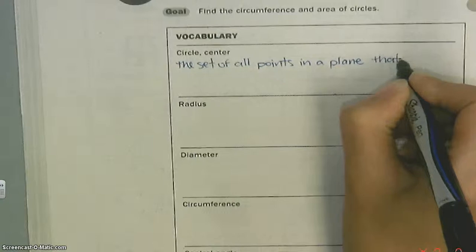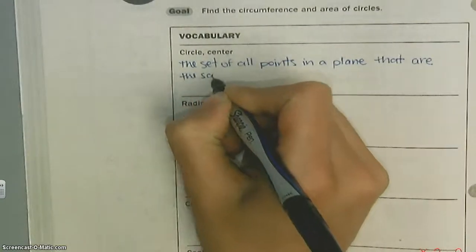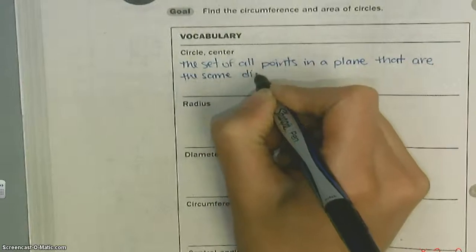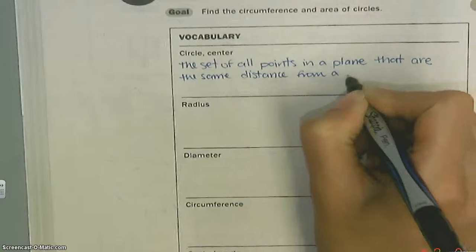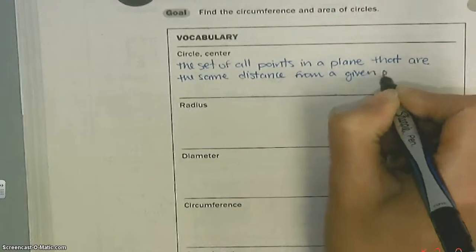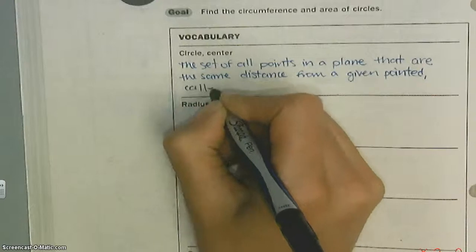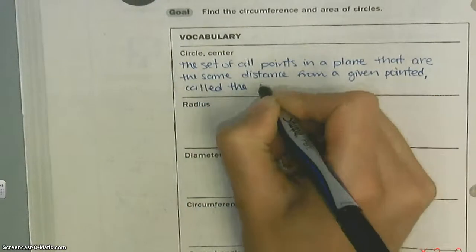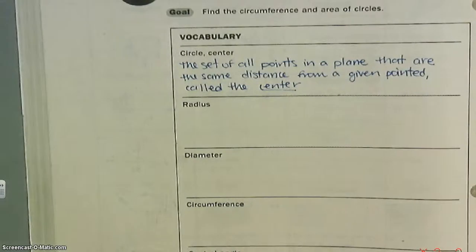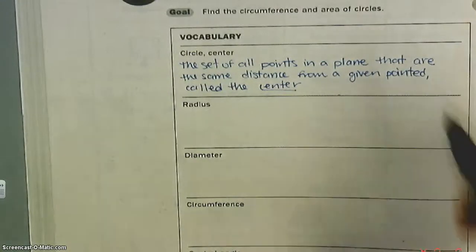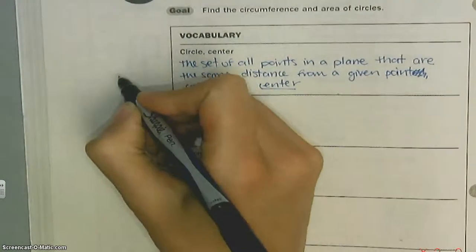A set of all points that are the same distance from a given point, which is called the center. So here's the center.